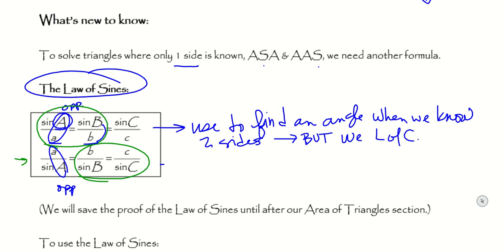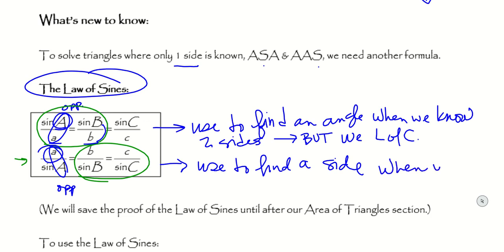So we're going to use that form to find a side. And we prefer this form to find a side because the side is on top of the fraction when we know two angles. So if I wanted to find side B, I would have to know the angle opposite that side.